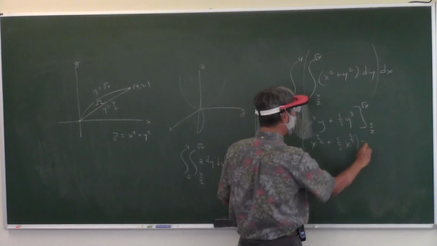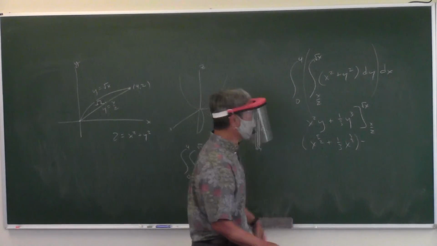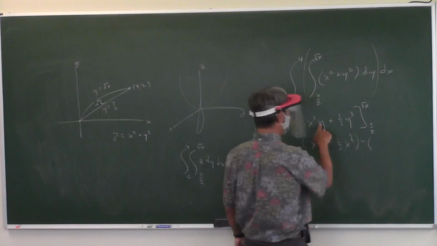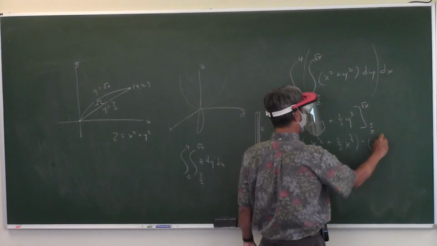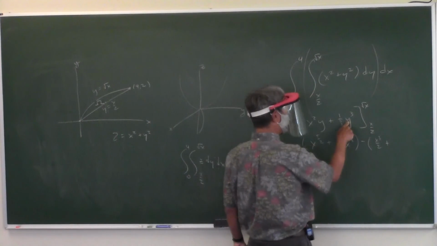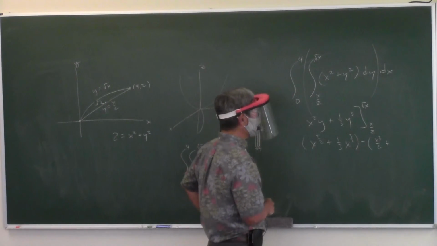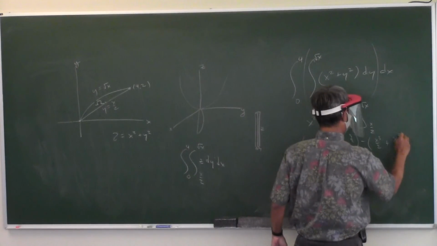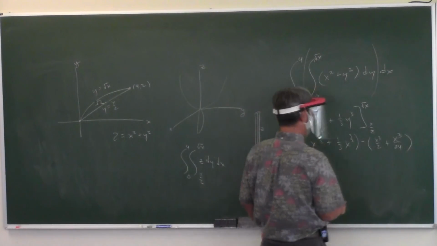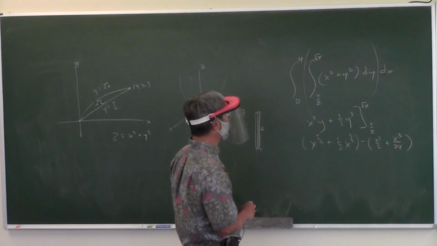Now we're going to do the bottom. Plug in the bottom number: plug in x over 2 here. x cubed over 2, plus, plug in x over 2 there, x cubed over 24. Is that right?